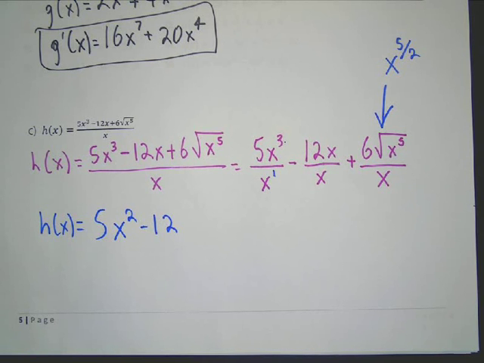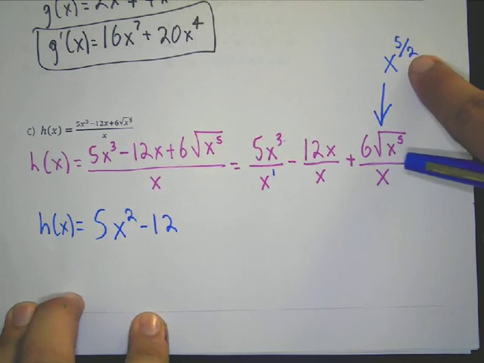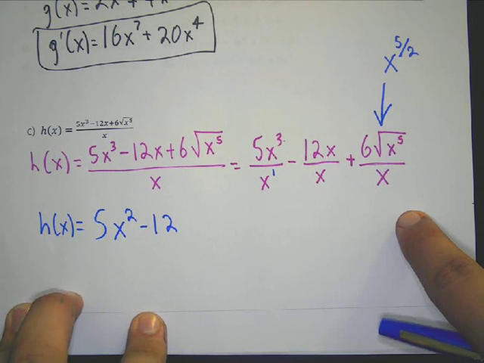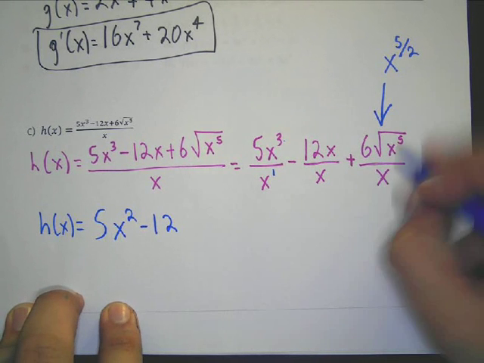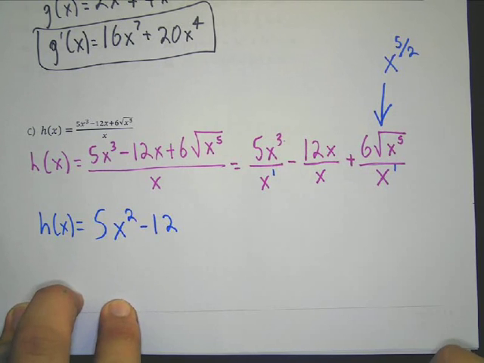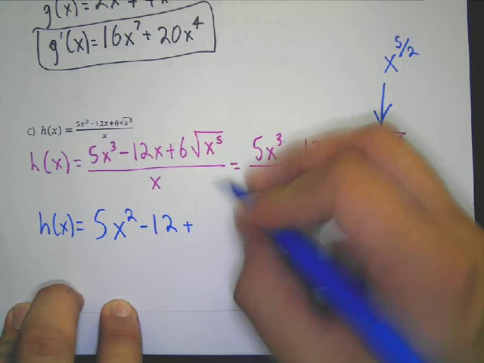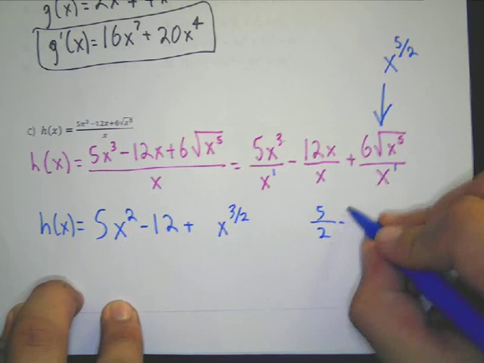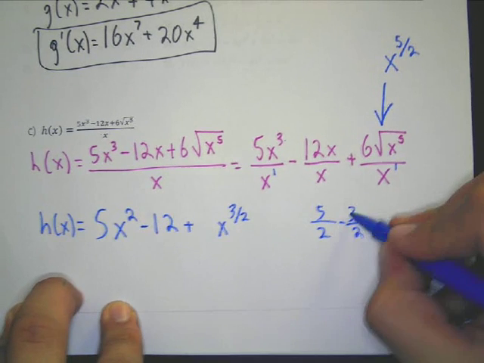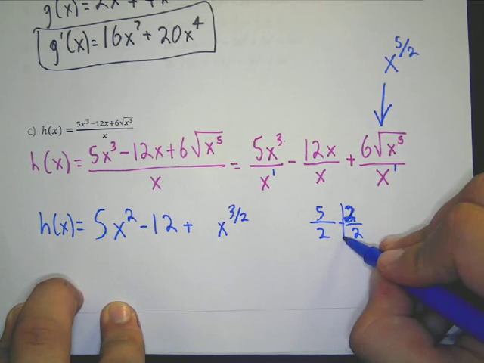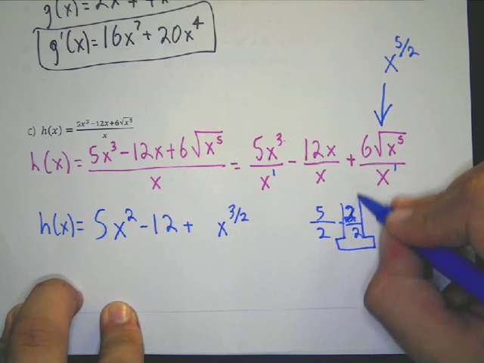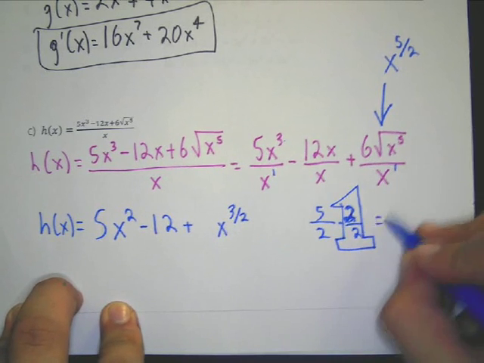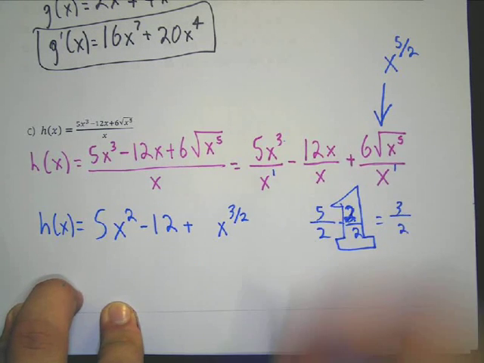It's a square root. All right, so x to the 5 over 2 divided by x. Remember, you subtract exponents. So 5 over 2 minus 1, x to the 3 over 2. Remember, 5 over 2 minus 2 over 2, which is the same thing as subtracting 1. And then, yes, the 6 goes in the front.